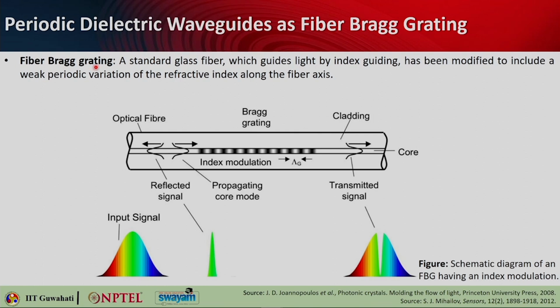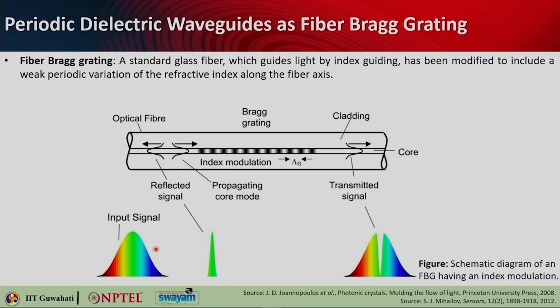So, you take a standard glass fiber, which is basically guiding light by index guiding. You just have to modify the index of the core in a particular pattern, that is high, low, high, low, high, low and so on. So, you are able to create a kind of Bragg grating on the fiber itself. In that case, one particular wavelength, or a band, will get reflected, and the remaining will get transmitted.